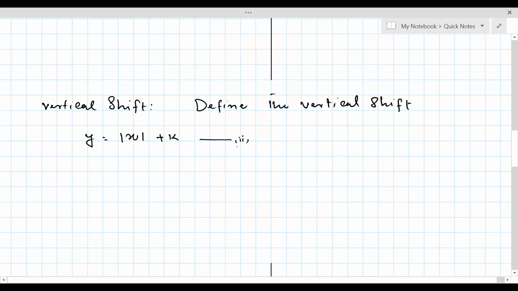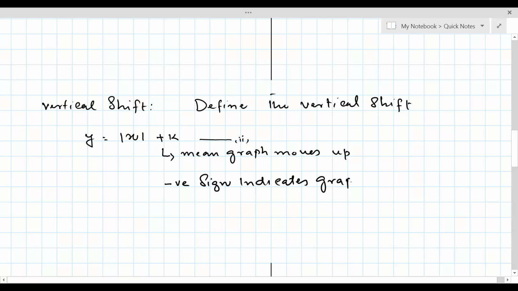Now depending upon the value of k and the sign, the graph will move up or down. The positive sign indicates the graph moves up, and the negative sign indicates the graph moves down.